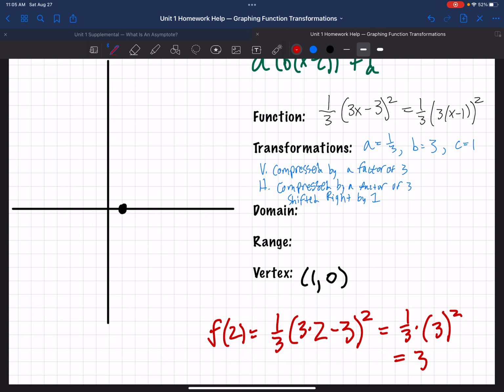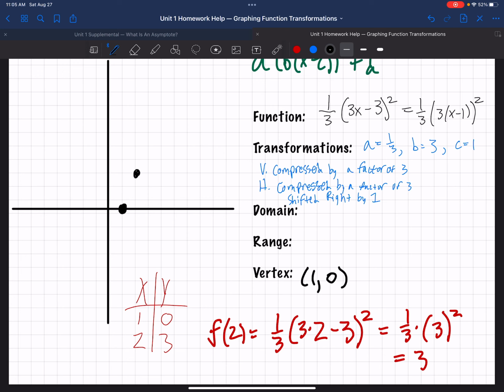So when I plug in 2, if I have x comma y, my vertex is 1, 0, but if I plug in x equals 2, my output is y equals 3. So 1, 2, I go 1, 2, 3, like that.